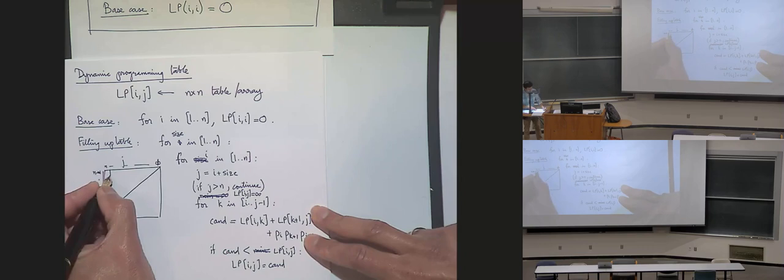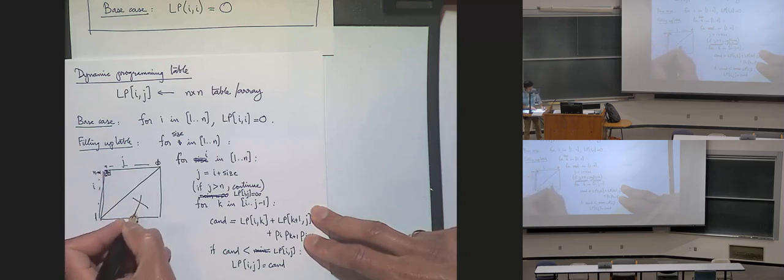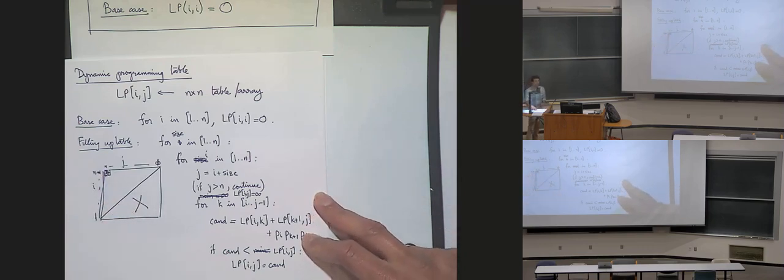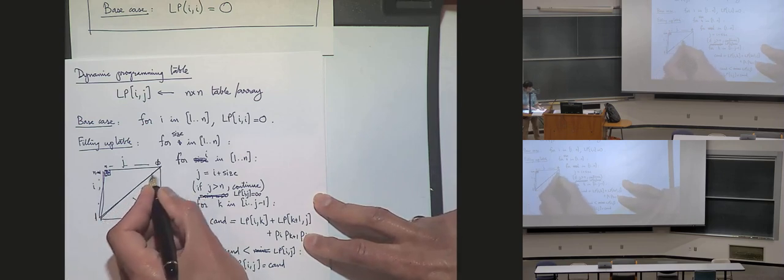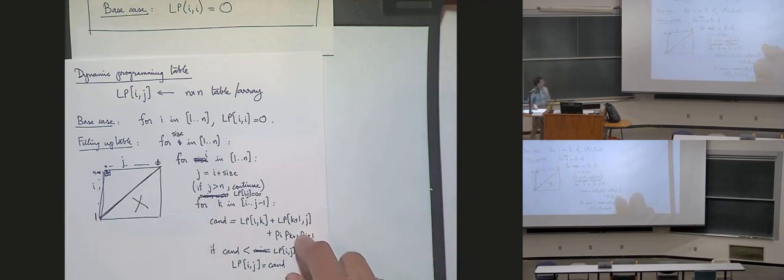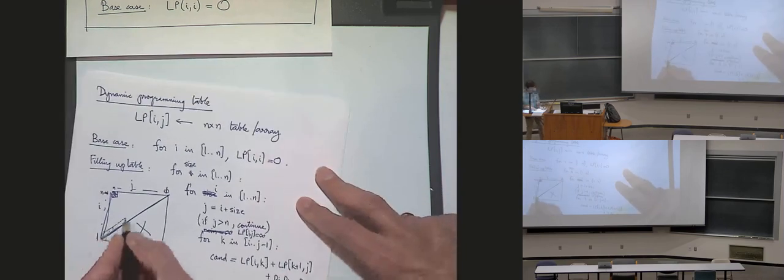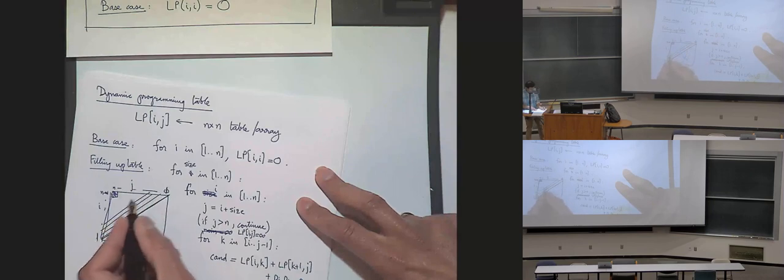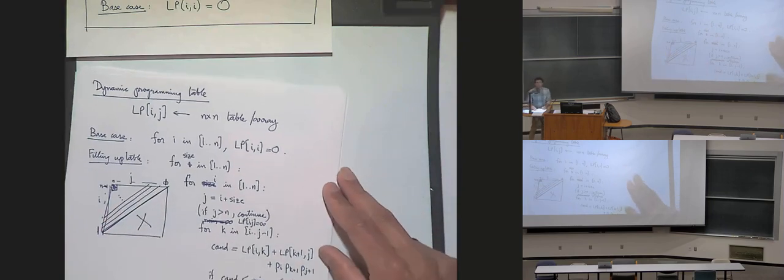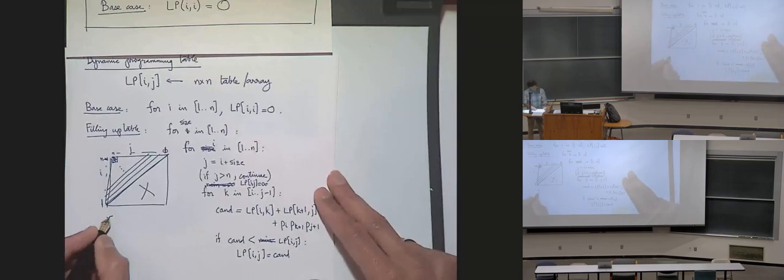And so this is the entry that you really care about. All of this can be ignored. And so the base case is this diagonal, where i is equal to j. And you're filling it up in this way.